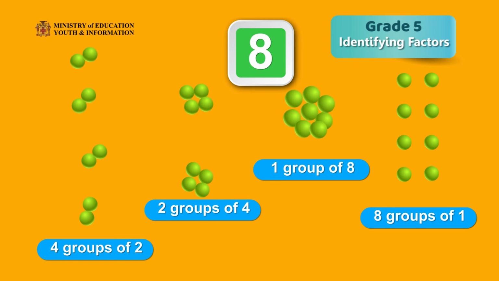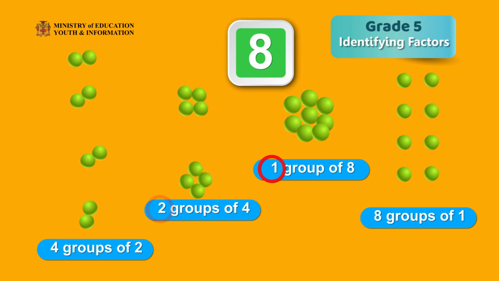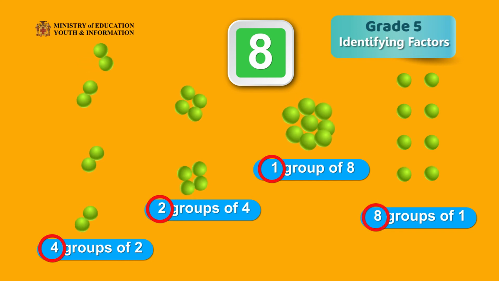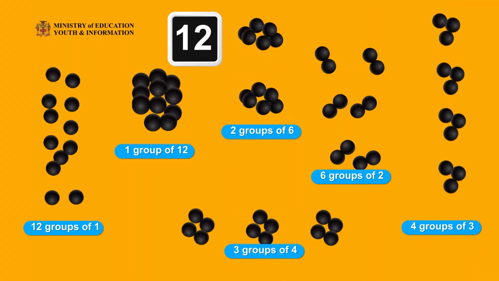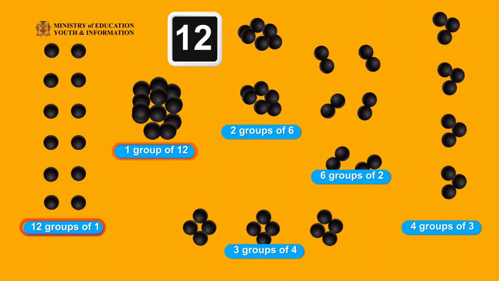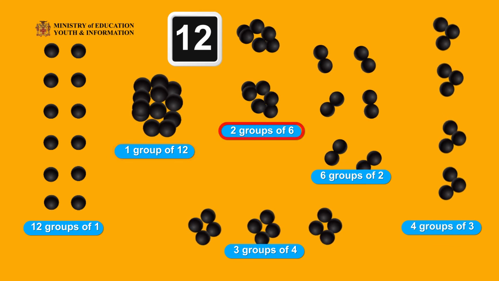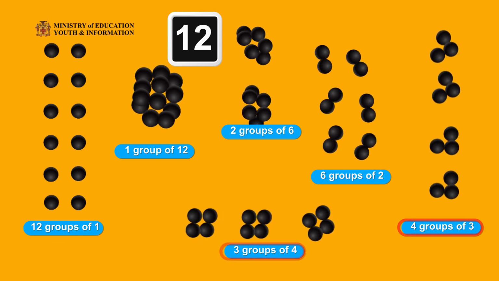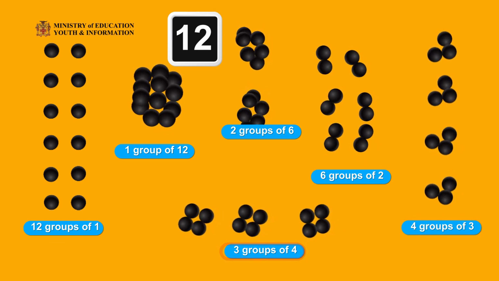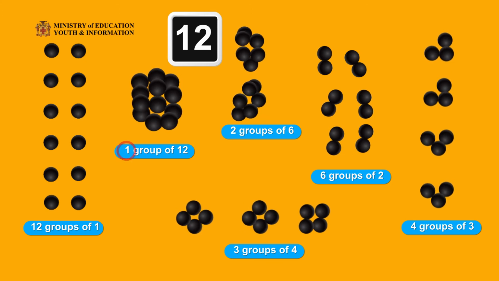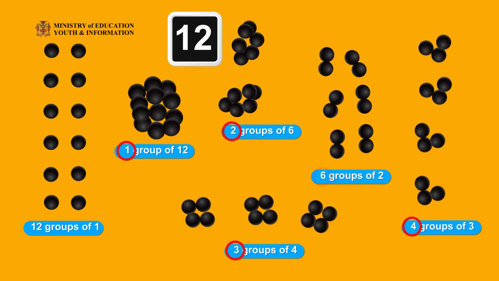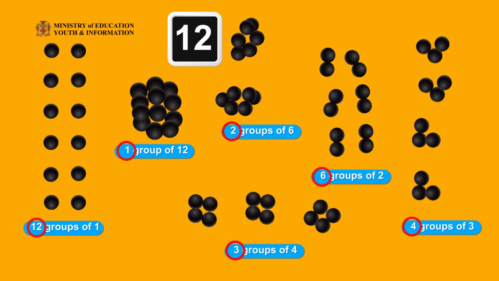So the factors of 8 are 1, 2, 4, and 8. Now, what about 12? Did you get 12 groups of 1, 1 group of 12, 2 groups of 6, 6 groups of 2, 4 groups of 3, and 3 groups of 4? So the factors of 12 are 1, 2, 3, 4, 6, and 12.